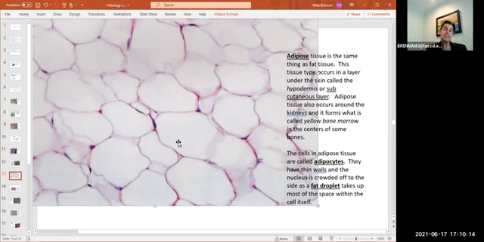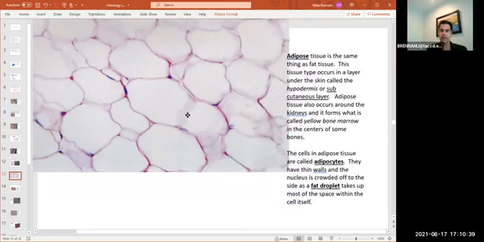If I had made this slide from fresh material and didn't use any stains or preservatives, you'd see a very light lime green, yellow green material in here. That would be what fat looks like under a microscope. So there would be a fat droplet inside here stored by this individual cell, which is called an adipocyte.